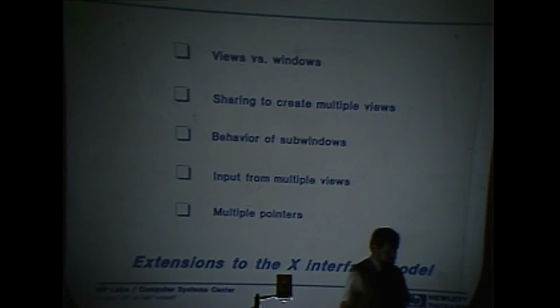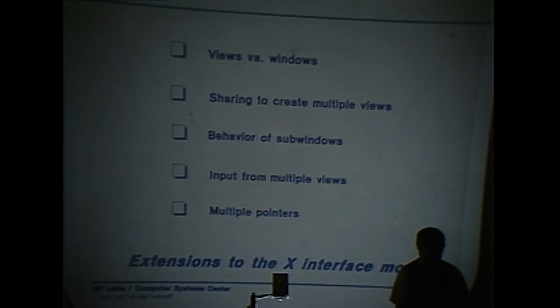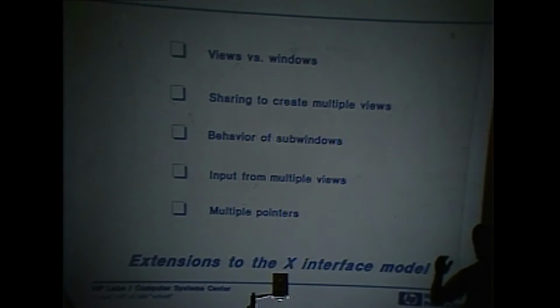Well, there's some extensions that I think are necessary to any windowing system model or any interface model, and I'll address myself to X specifically. You need the concept of what it means to be a view of a particular window on a particular display as opposed to the window itself. Right now, a window and a view are synonymous because there's one and only one.